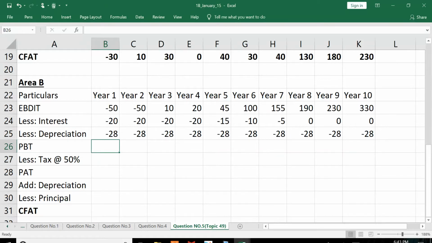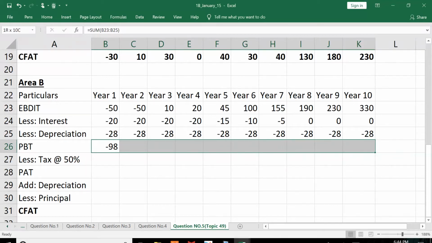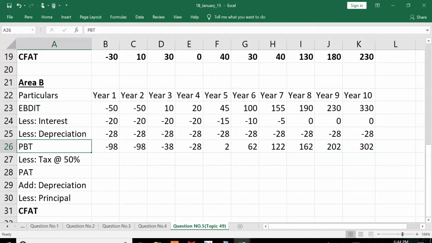My assumption is that the subsidy will be set off against the fixed asset and will charge only 28 lakhs.